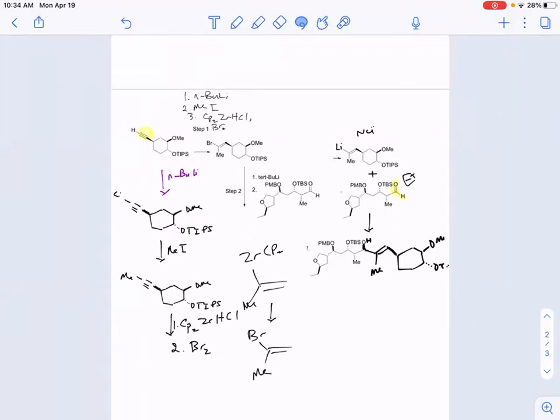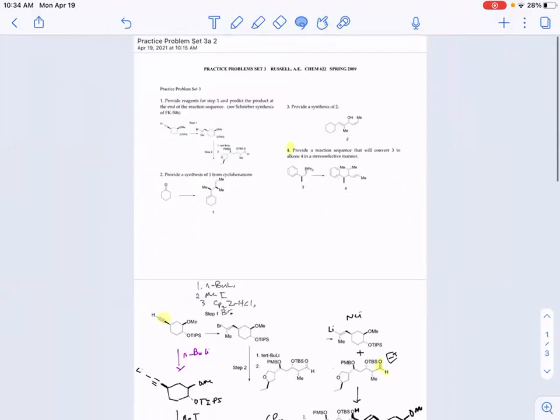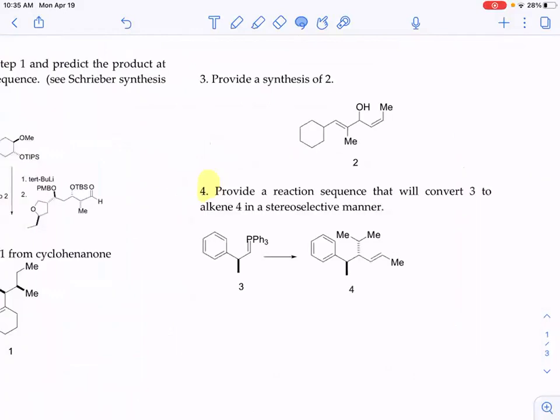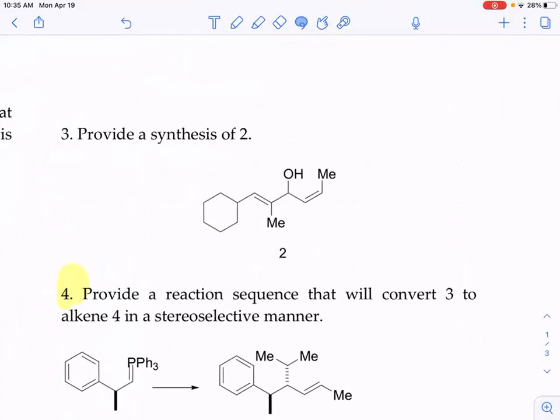All right, let's look at this question right here, number 2. Let's see if we can build off what we just did, because I think this is a great way to do that. How would we make 2? This piece, this thing right here. When you think about synthesis, you have to think backwards and look at where you could break bonds and put things together, right?